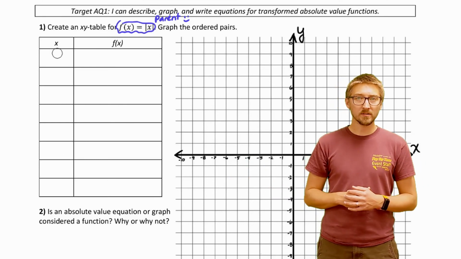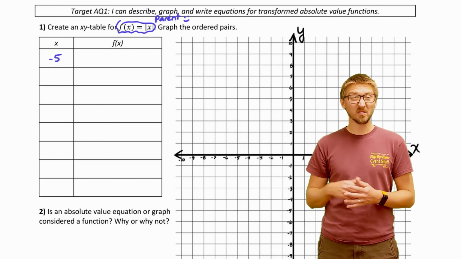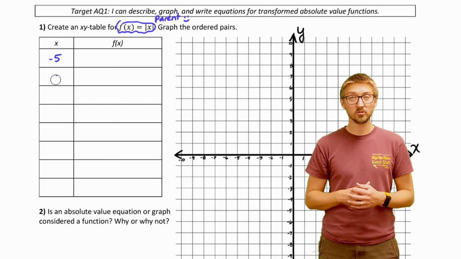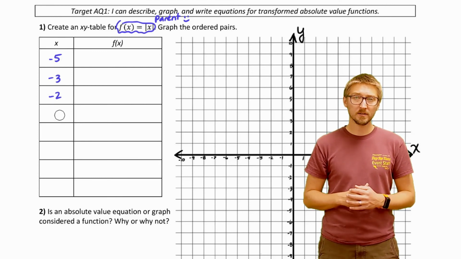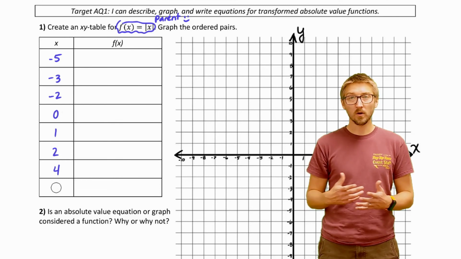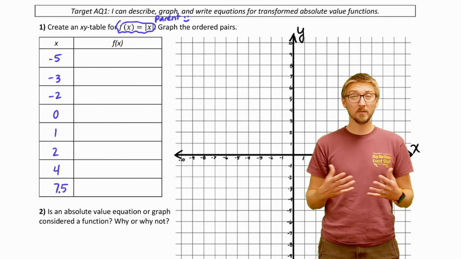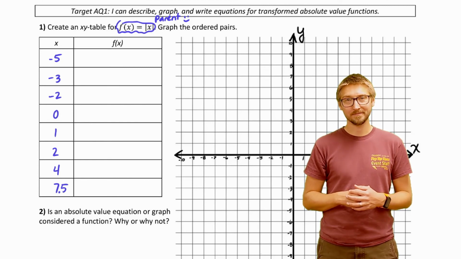So usually in class I just have people shout out random numbers that we want to try. For this video, I'll start with -5. Then maybe we can choose -3, -2. I try to choose 0 because a lot of times interesting things happen around the origin. 1, 2, 4, and maybe if we were feeling extra adventurous, 7.5.